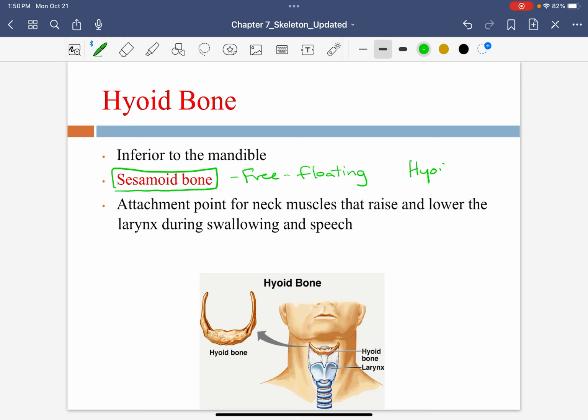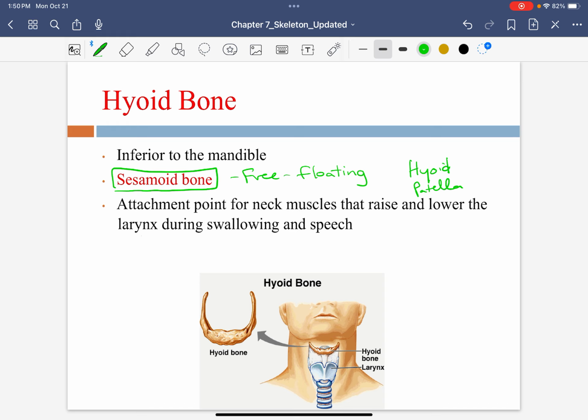The hyoid doesn't touch another bone, free-floating. Now, of course, the hyoid is encased in other connective tissues like ligaments and tendons, but not bone. The other example of a sesamoid bone is the patella. It's pretty rare, right? Out of all of our bones, there's only a couple that are free-floating.